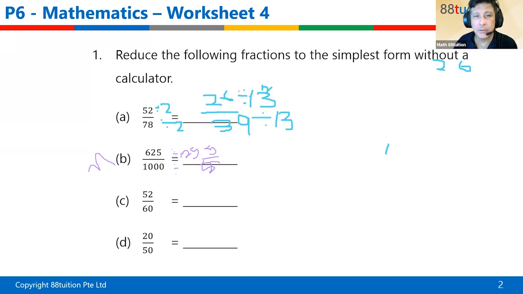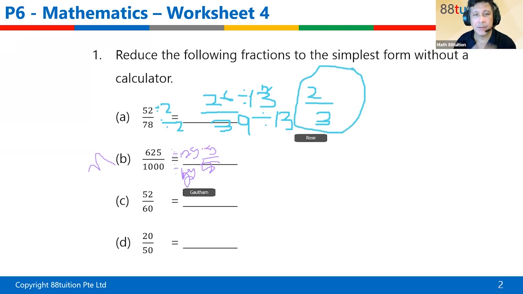Okay, good job, Rose. You discovered that 26 and 39 can be divided by 13. Yes. And that should give you your simplest form. Okay, and Gautam is inserting the in-between steps. So actually he was dividing by 5, right?